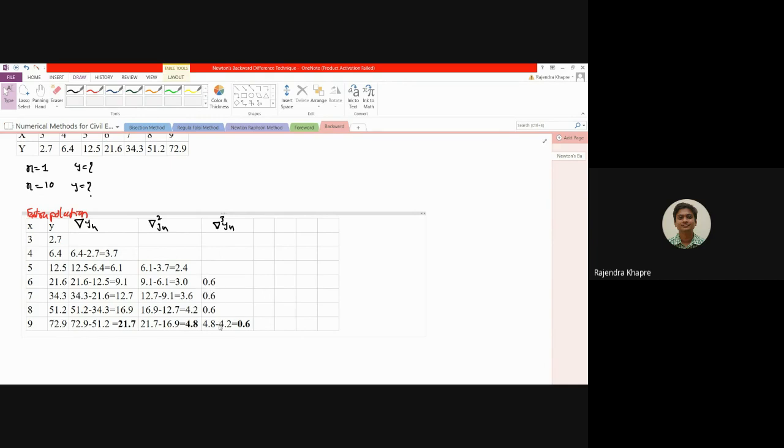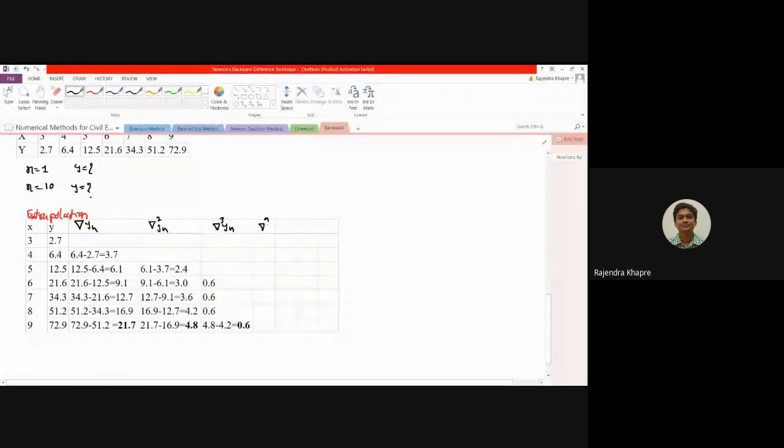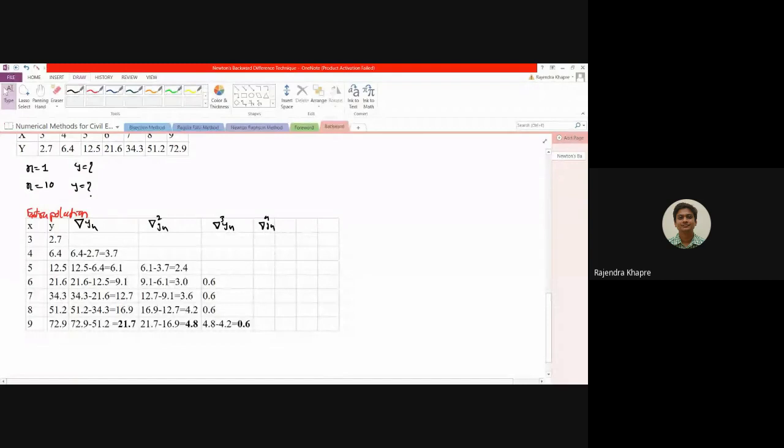Fine. And then we have delta to the power 4 yn. So now here this value will be 0, correct? Yes, sir. Okay, and the other values, this is delta to the power 5 yn, they will also be 0, and 0, and here this will also be 0.